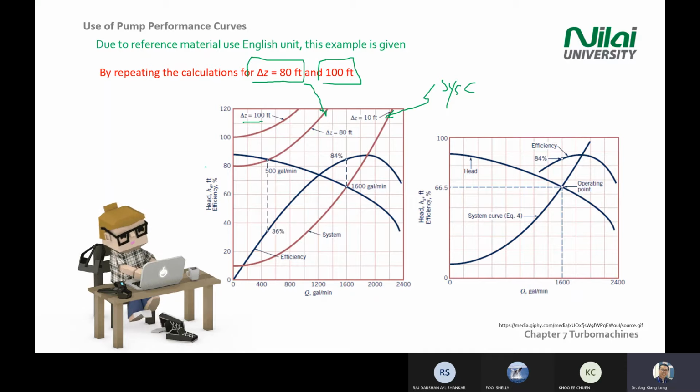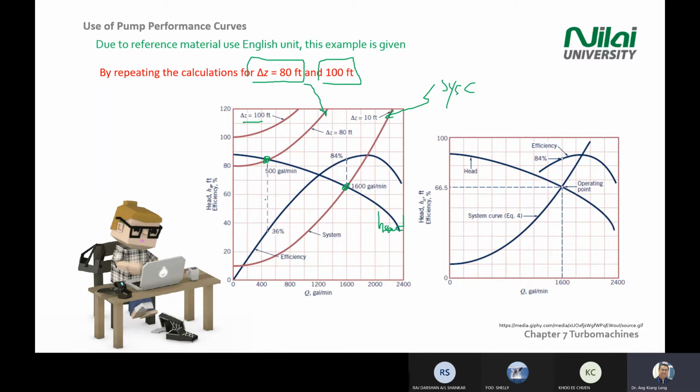Again, if you read this chart, the system curve that we plotted just now is this one. Then what about 80 feet? The 80 feet will focus on the head itself. The procedure is that once you plot the system curve, it will intersect the head first. This is the head line.